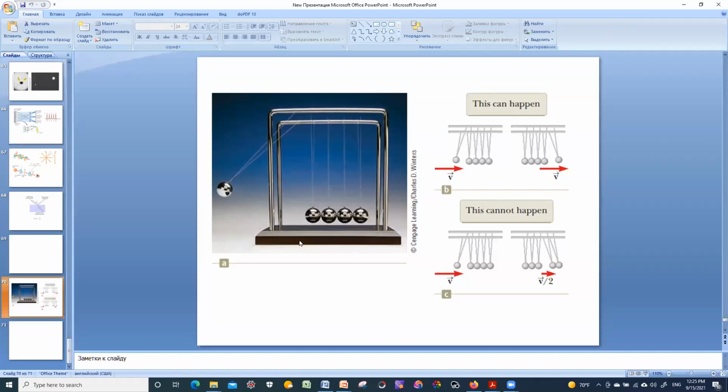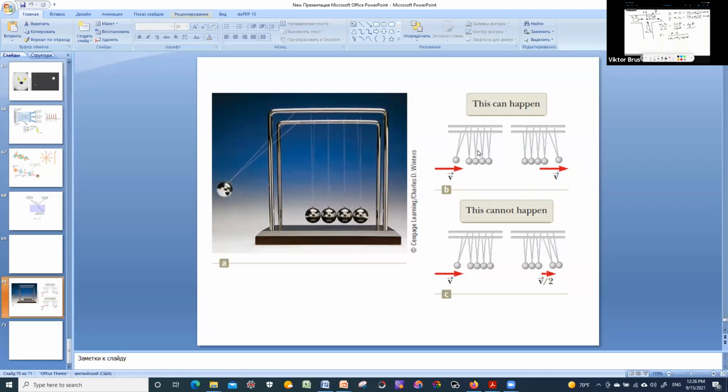Yes. So we see a quite common toy with 5 metal balls attached to some very thin ropes, and you can deflect one of these balls.